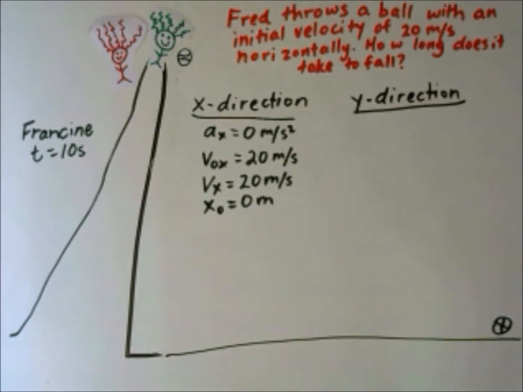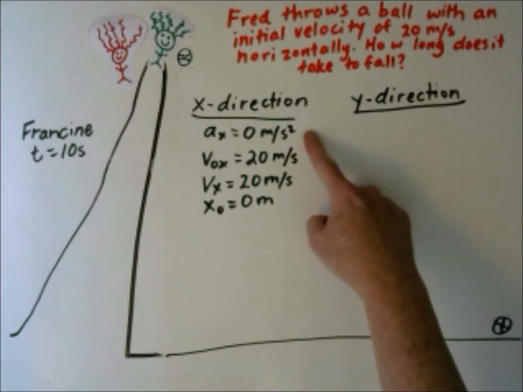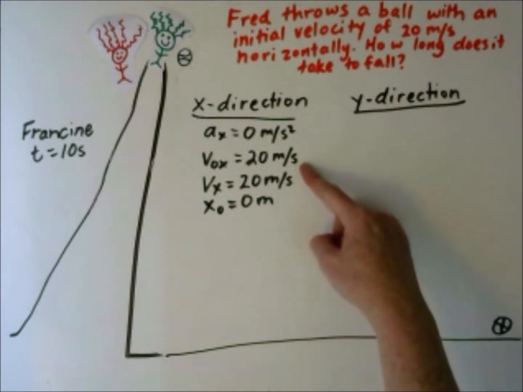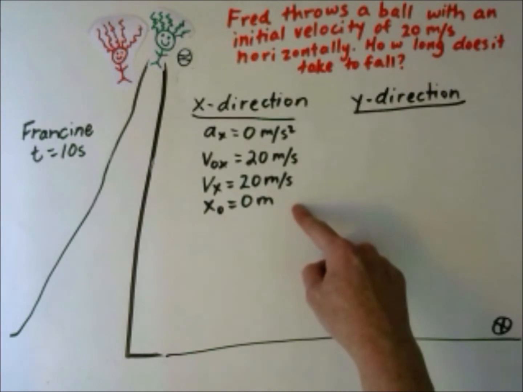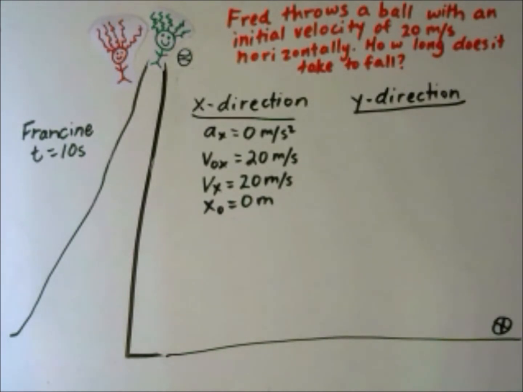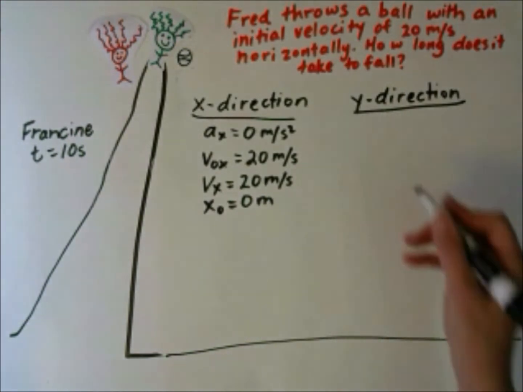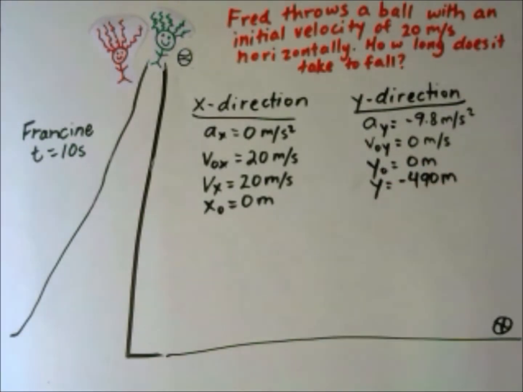In the x direction, we know there's zero acceleration. The initial velocity is 20 meters per second, and that velocity doesn't change. So the final velocity in the x direction is also 20 meters per second. We can define the initial position in the x direction as 0 meters. In the y direction, we know the acceleration is gravity, negative 9.8 meters per second squared. He threw it horizontally, so there was no vertical velocity to start.